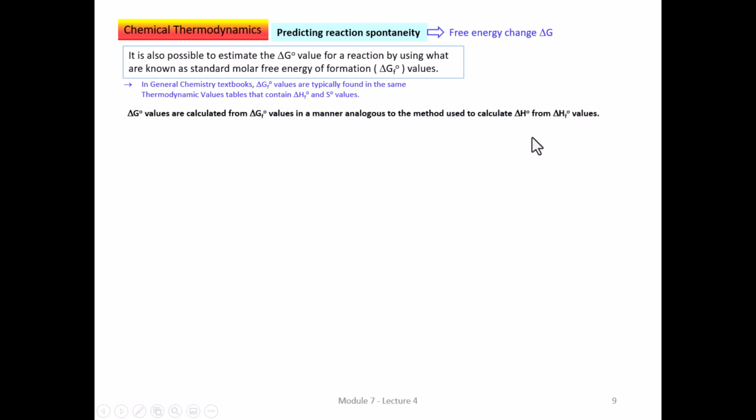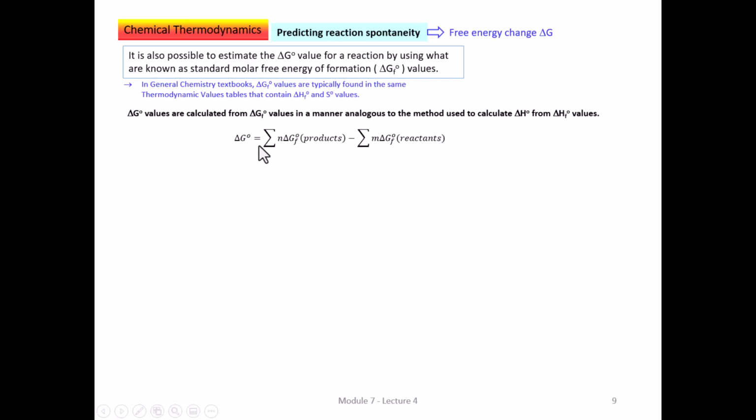So we can calculate a delta G using these delta G of formation values in a way that looks very familiar, because we calculated delta H values using delta H of formation values.